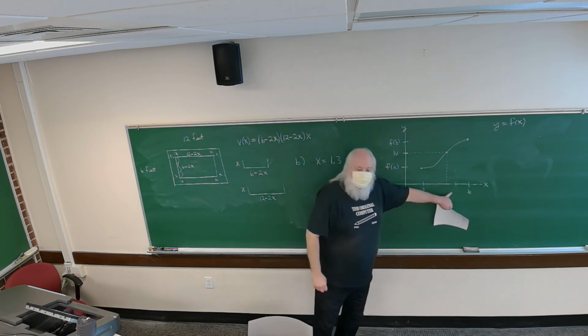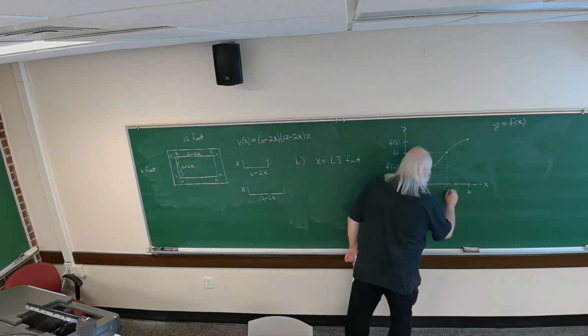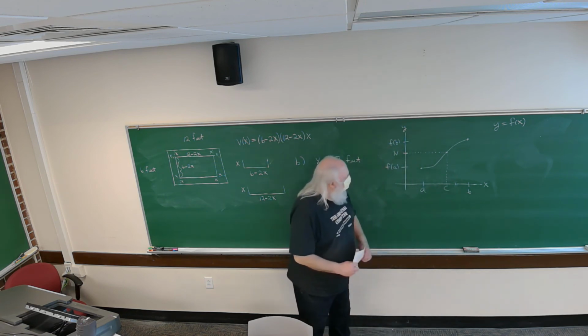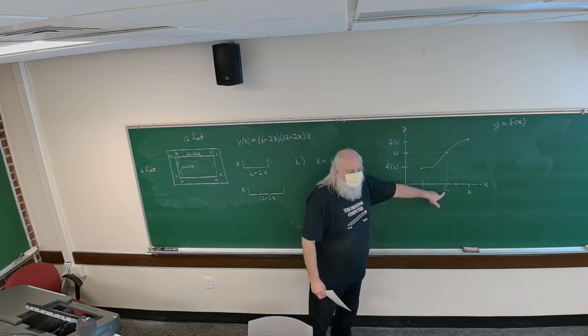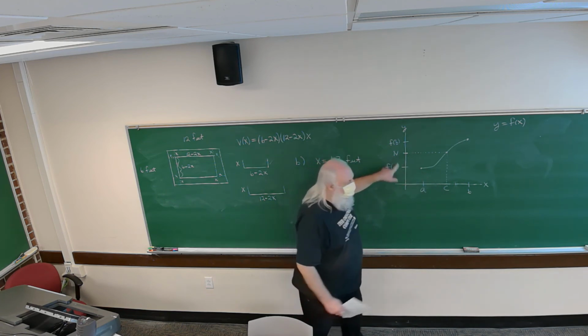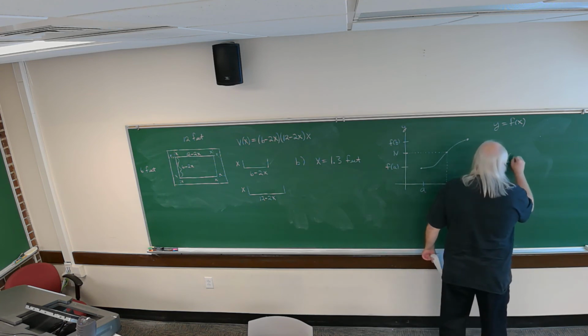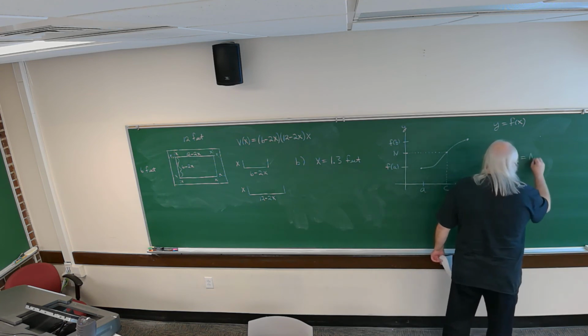There has to be some number between a and b, we'll call it c, such that the function evaluated at x equals c is equal to N. That's what the intermediate value theorem is saying.